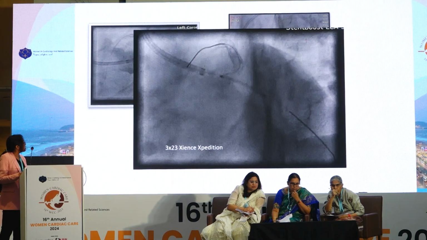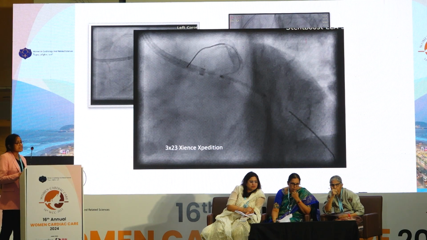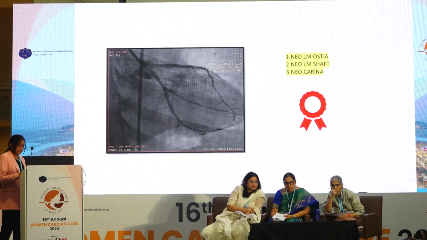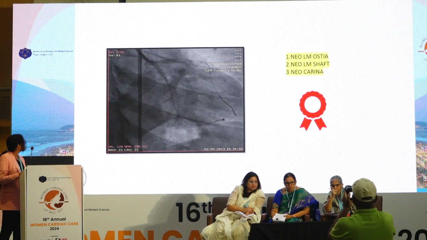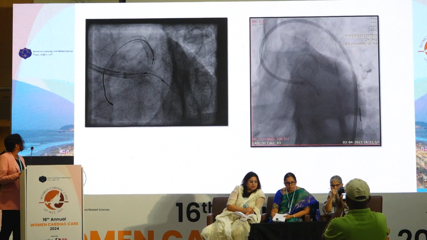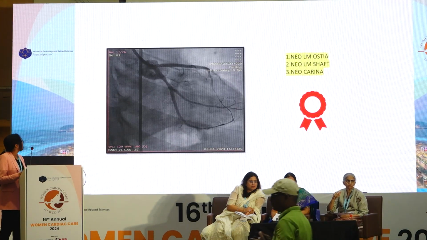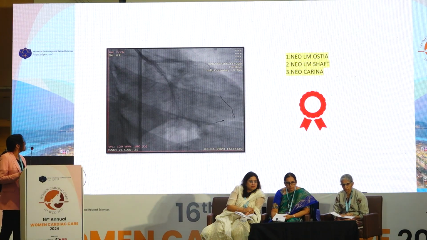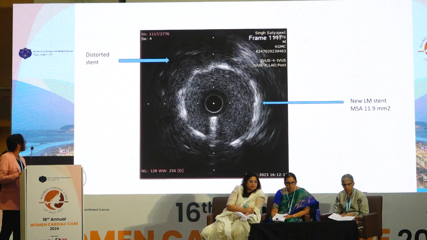We pre-dilated the circumflex, and then we put a 3 x 23 mm drug-eluting stent from left main to LCX. And then we did the kissing balloon dilatation. This is the final result. This is how we created the new left main ostia and shaft and new carina.